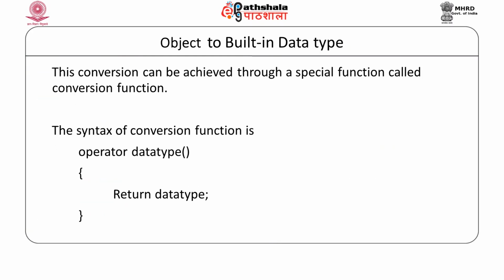Let us see here. If I am defining this operator function in the time class and I want a time class object to be converted to float type, I will say operator float, and after computation I should return a float value here. If I want my time object to be converted to a double value, I should write an operator function as operator double, and after computation the double value that I obtain should be returned.